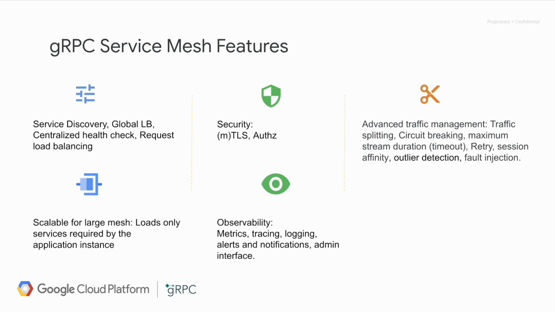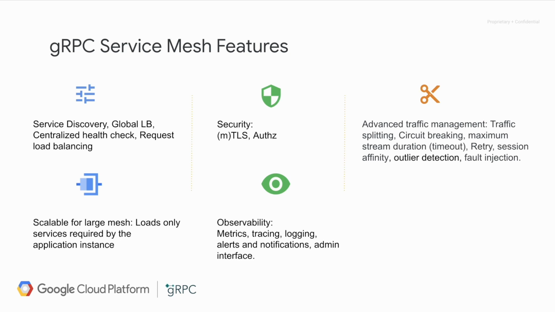But the two things I wanted to draw some special attention to, because it's a distinguishing factor for gRPC, is that given it's an RPC framework, it allows an easier instrumentation of collection of server-side cost that you can use for your load balancing decisions, be it CPU or, in an ML workload, custom TPU cost, whatever that may be. Given that it's an RPC framework, the collection of that server cost and the ability to use it in load balancing is actually pretty critical for very large scale service deployments.